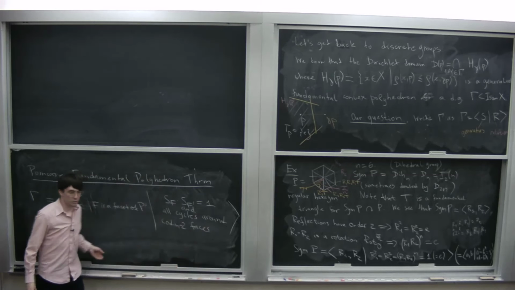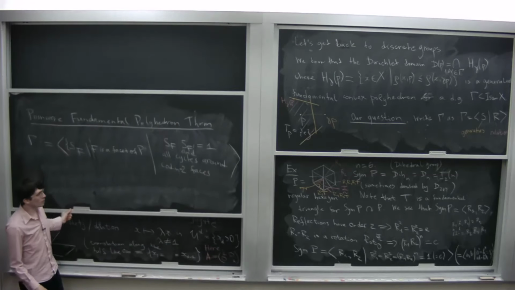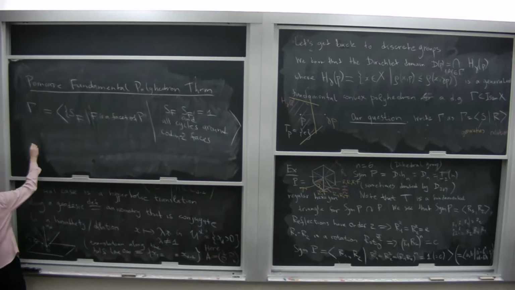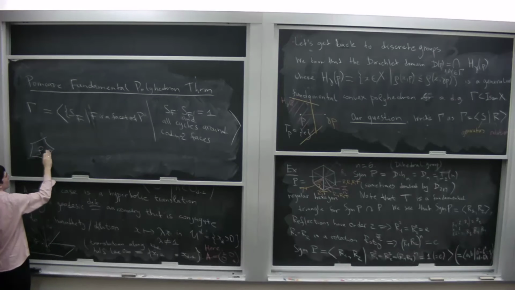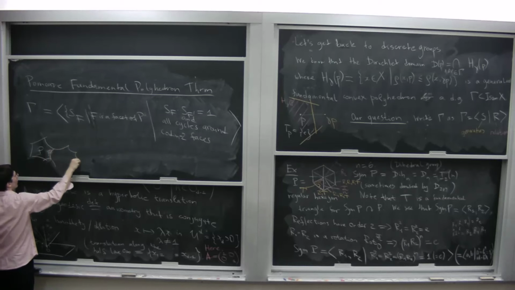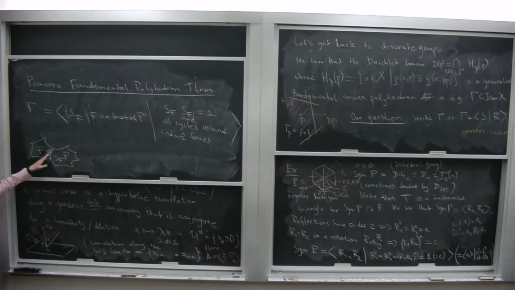I didn't tell you what the first relation is, but it comes from this picture. If I have a P, sorry, an F, my facet, and another chamber S_F P, F' is a facet that is mapped into F by S_F.